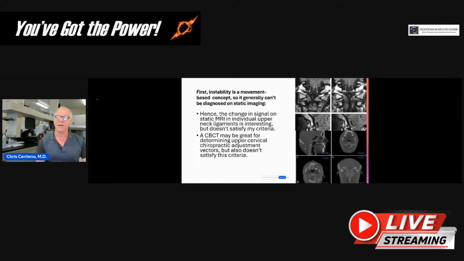Another one I get a lot is, well, here's a CBCT from my chiropractor. And again, CBCT may be very useful for looking at vectors and upper cervical adjusting, but it's not a movement-based study, so it doesn't tick the box as you either have or don't have CCI based on your CBCT.